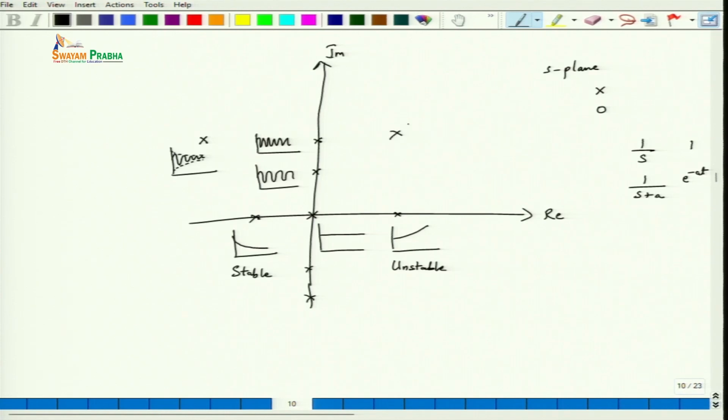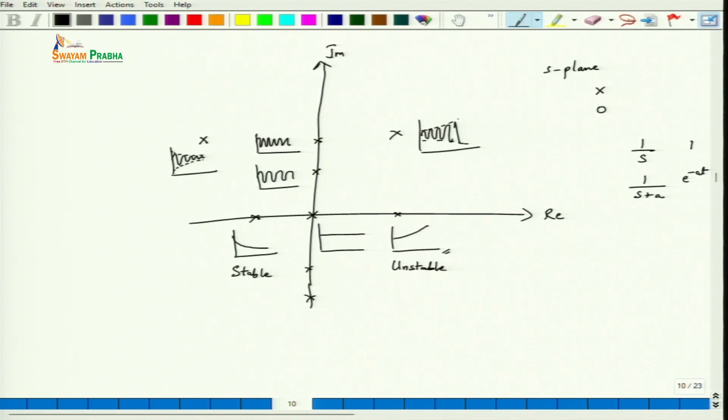Now, if we are on this side, basically what you will see is a similar behavior, but this exponential part, as in this case, will keep on growing and looks something like this. So, this will produce an unbounded condition.